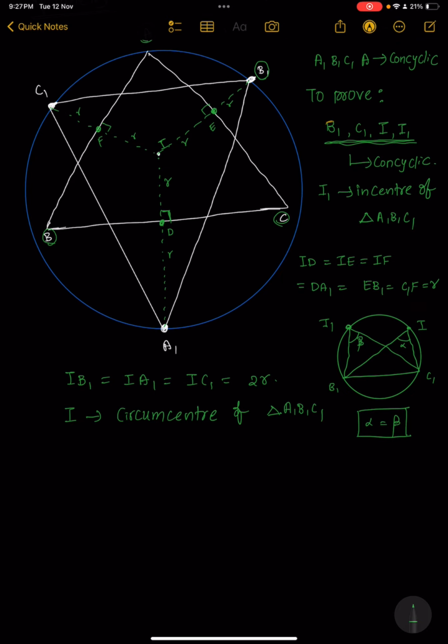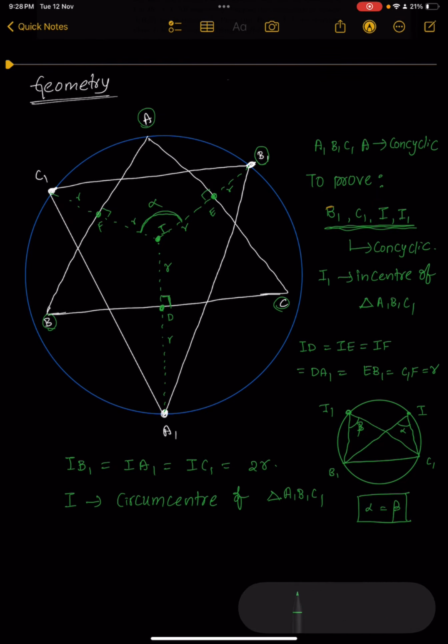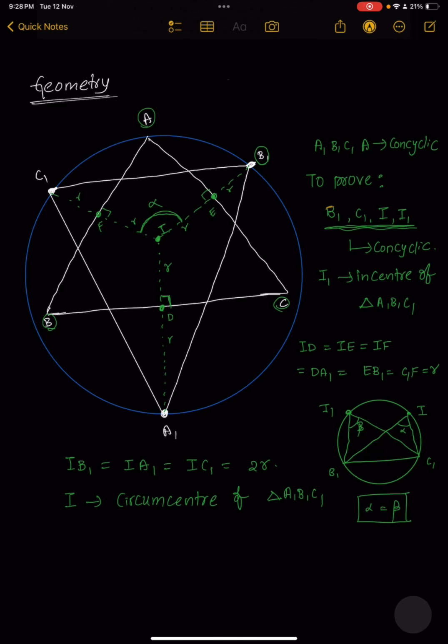What is alpha? Alpha is the angle subtended by B1C1 at I. So here we have I, and the angle subtended by B1C1 at I is this. So this is alpha. Now we have to find alpha. To do that, let us join A and I. Since I is the incenter of triangle ABC, AI will be the internal angular bisector, so this angle will be A by 2.